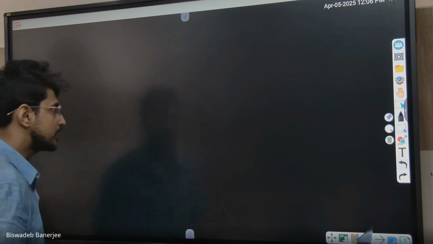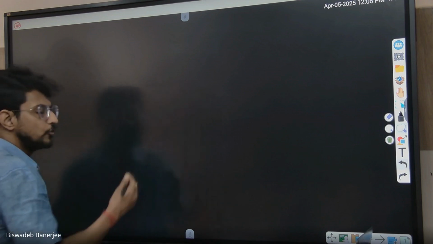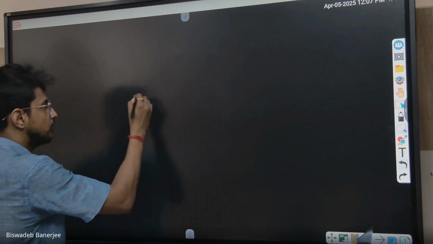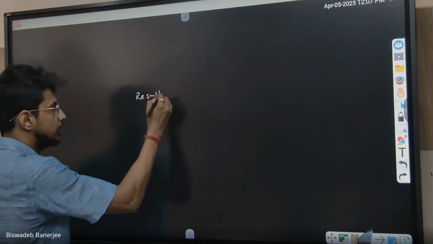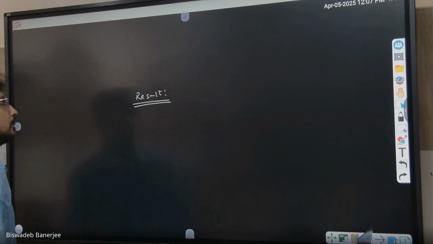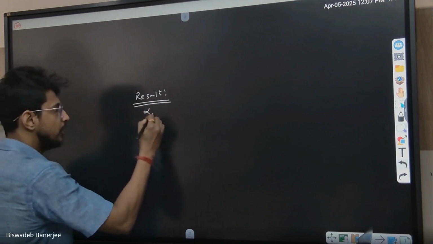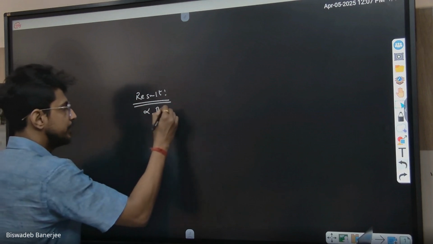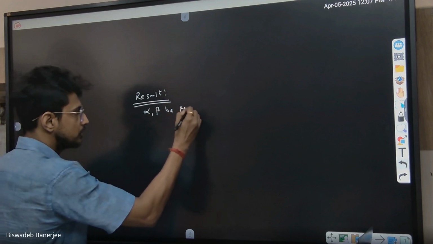So before solving by Cardan's method, a most important theory, an important result, this result we have also done in our class 11-12 course. Result is what? Suppose alpha, beta are the roots of an equation.